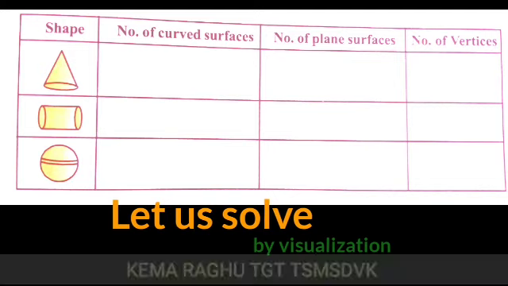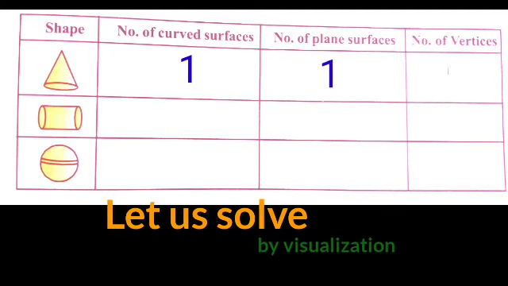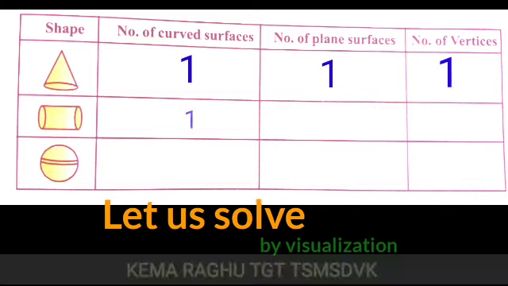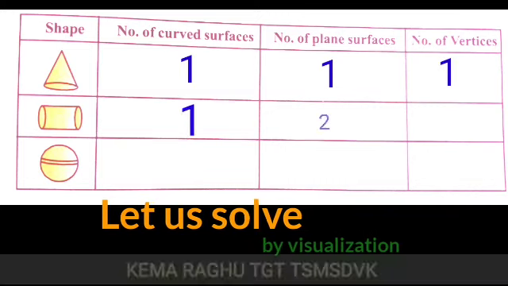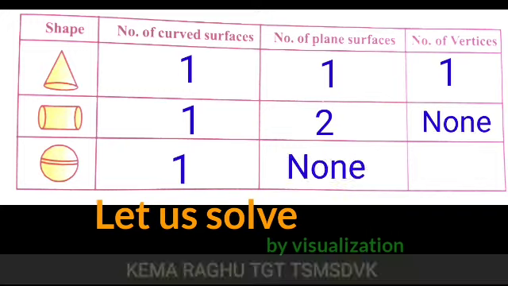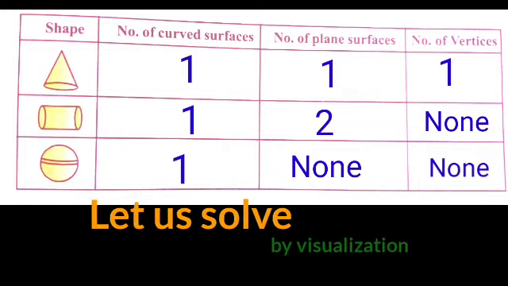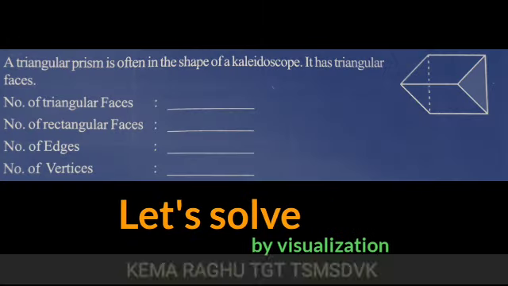Now let us solve this by visualization. A cone has one curved surface, one flat surface, and one vertex, whereas a cylinder has 2 flat surfaces and one curved surface and no vertices. A sphere has only a curved surface, no edges and no vertices.